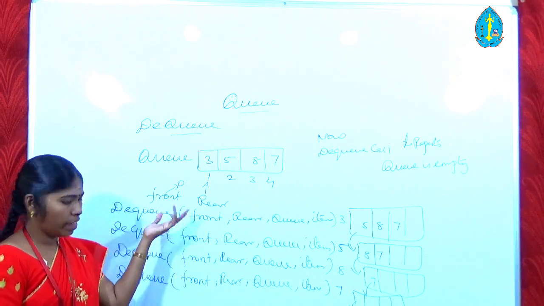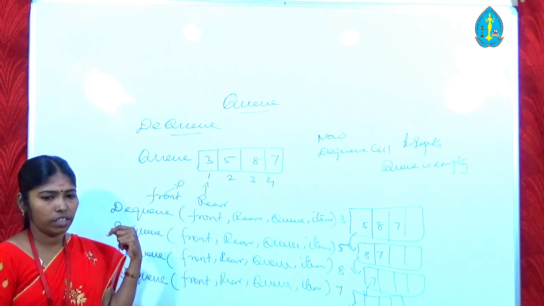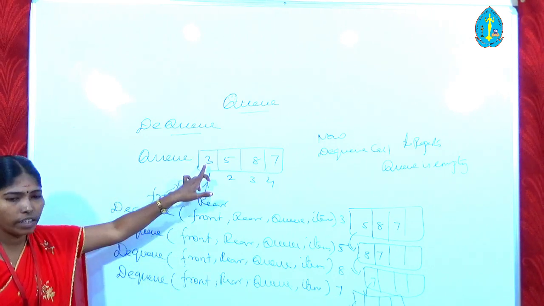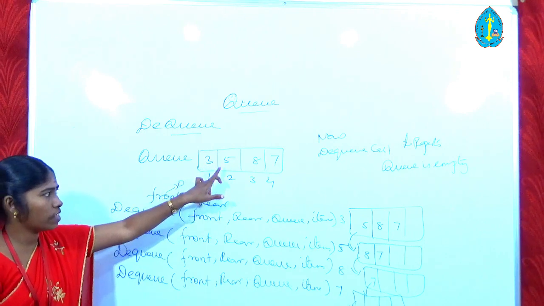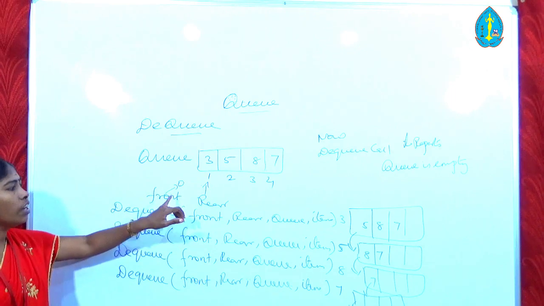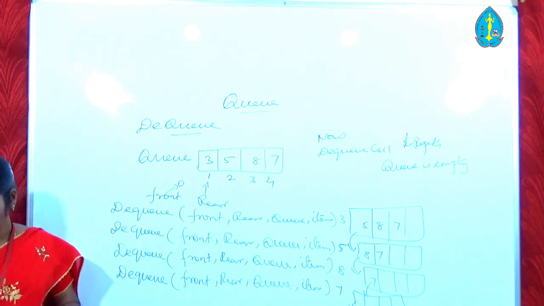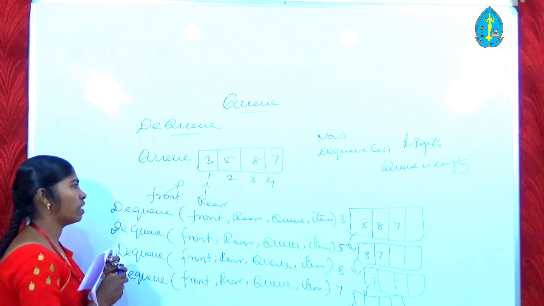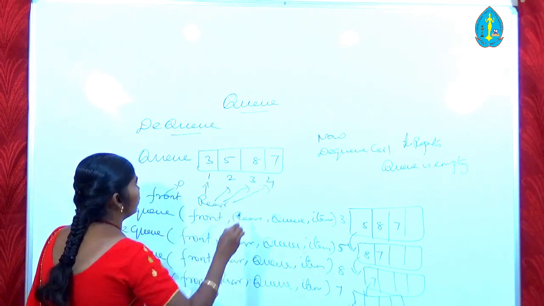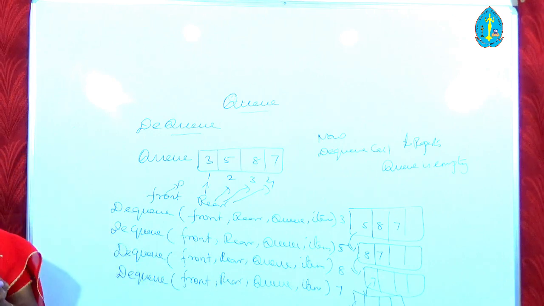The rear pointer is decremented by 1 in the DQ operation. Imagine the queue already has items 3, 5, 8, 7 inserted by previous NQ operations. The rear pointer points to the last place, and the front is at the front of the queue.